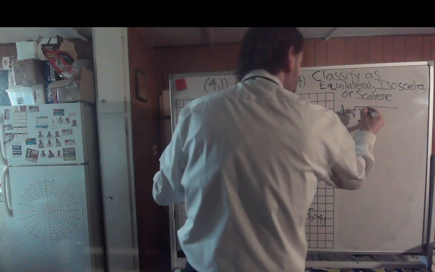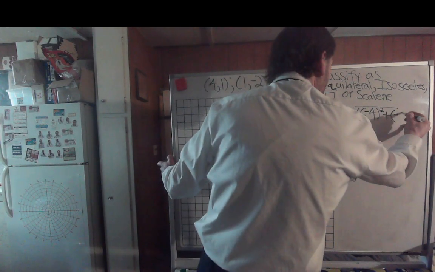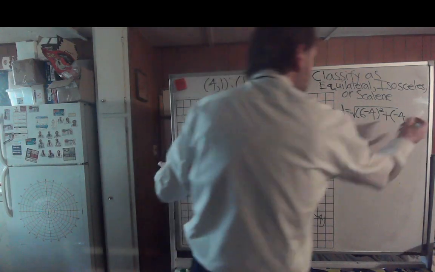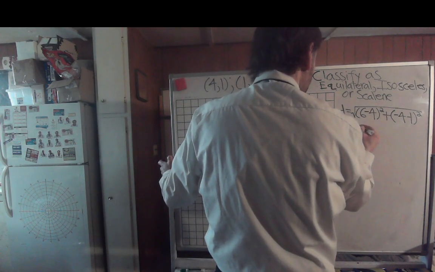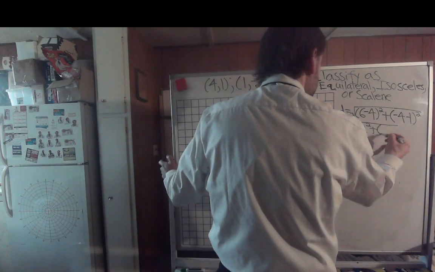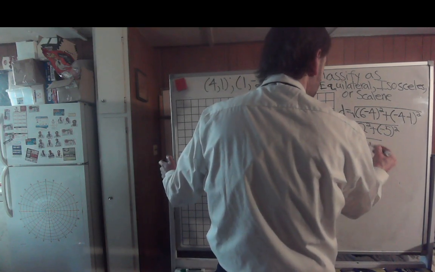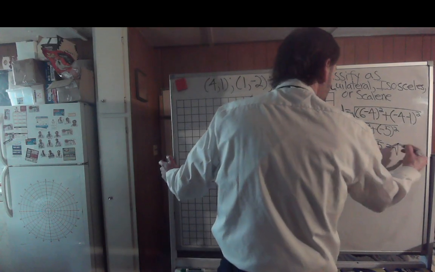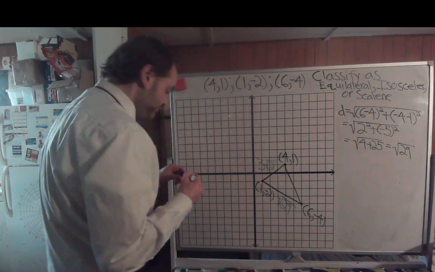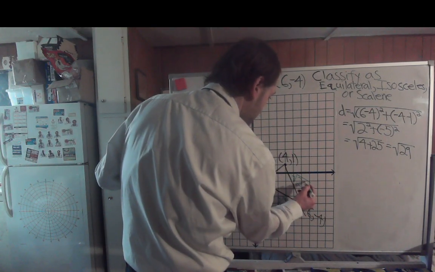Our x2 is going to be 6 minus our x1, which is 4, that quantity squared, plus our y2 of negative 4 minus our y1 of 1, that quantity squared, which would actually equal the square root of 2 squared plus negative 5 squared, which would be the square root of 4 plus 25. Well, what do you know? We have the square root of 29. So this side also has a length of the square root of 29.